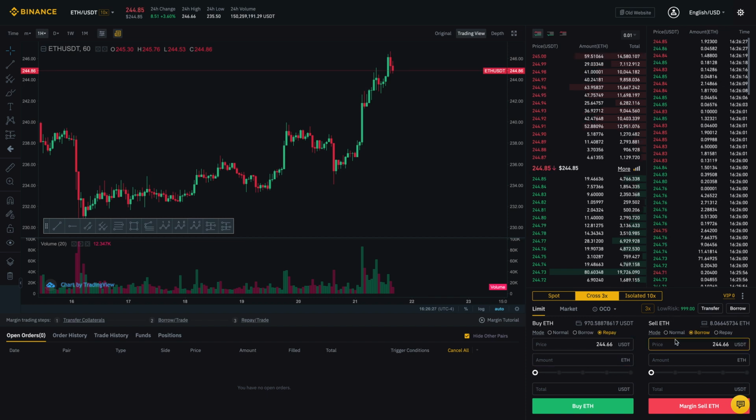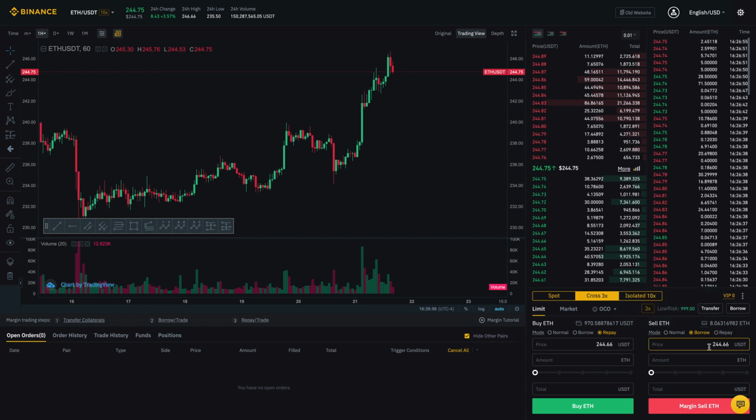And it's the same with the sell side. Right now, I don't have any Ethereum in my cross margin account. You will have to put Ethereum in there. For example, if I click on transfer, I can transfer from my spot account to my margin account. So that's what I can do right there. Or I can borrow some Ethereum. If I click on borrow, it'll show me how much Ethereum I can borrow.